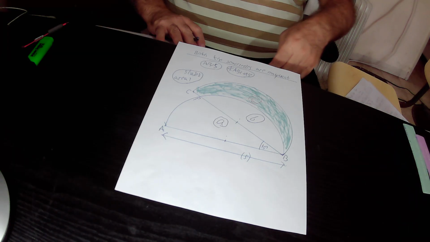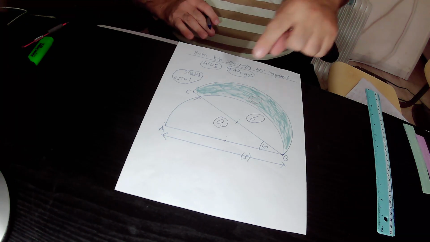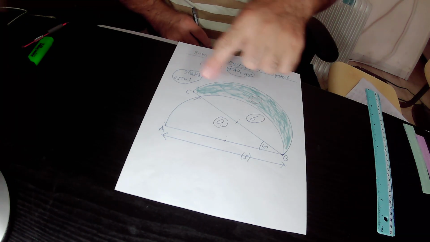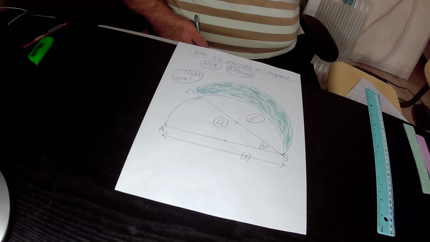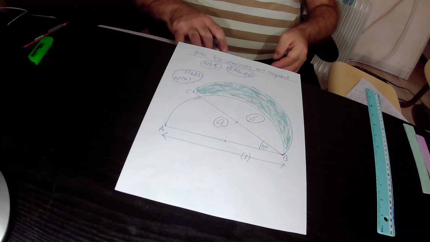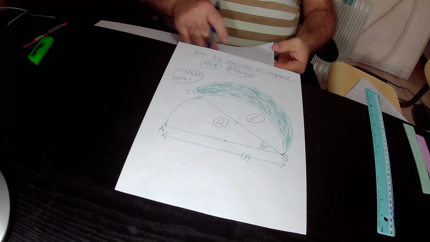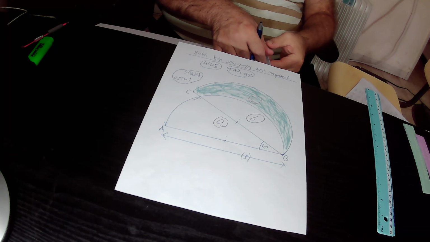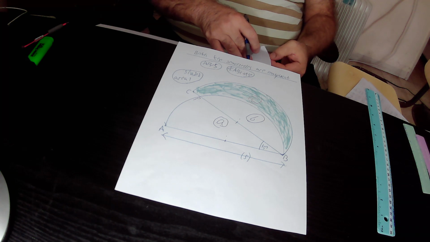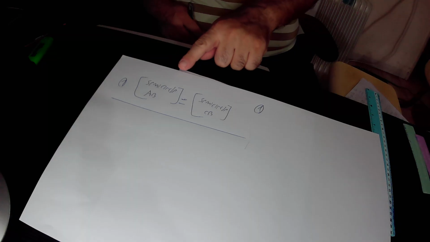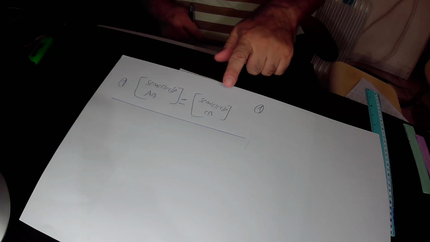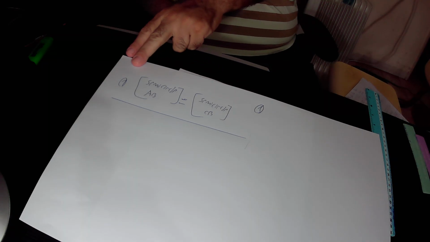I repeat again, because semicircle AB and semicircle CB are identical, they have the same areas. That is to say, the area of semicircle AB is equal to the area of semicircle CB. This is equation 1.